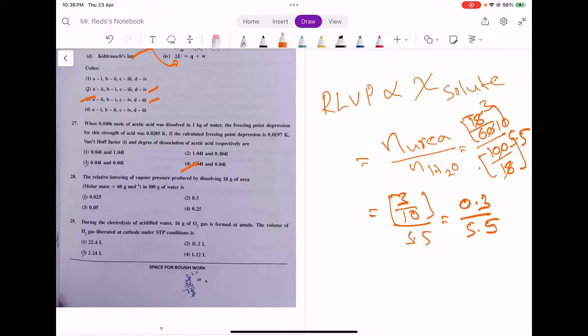What is the answer, students? 3 into 10 power minus 1, that is 30 into 10 power minus 2, by 5.5.